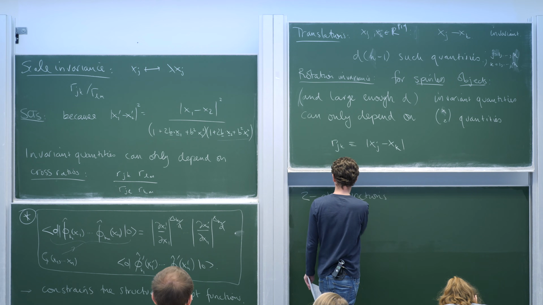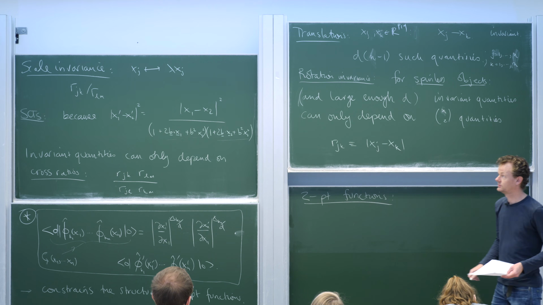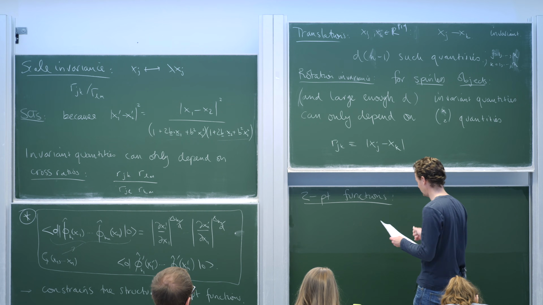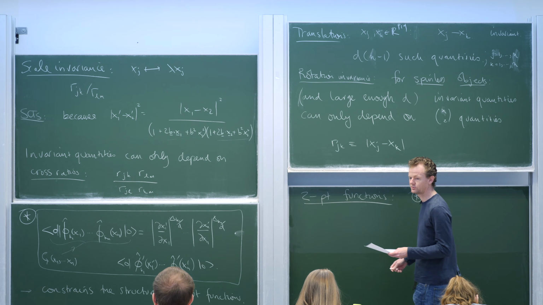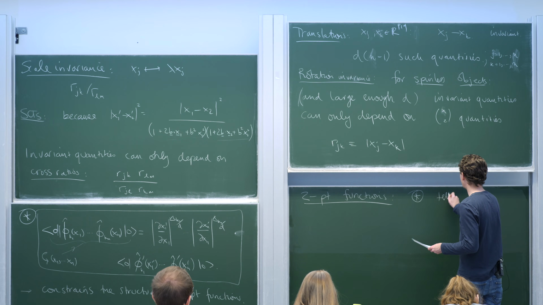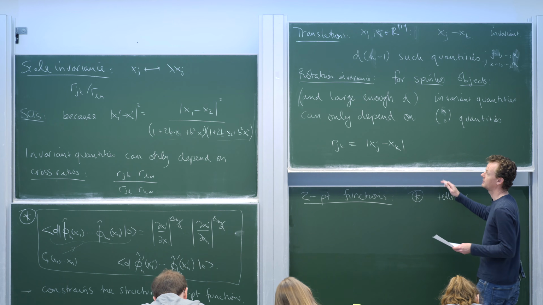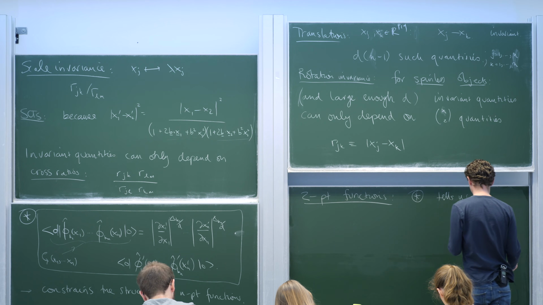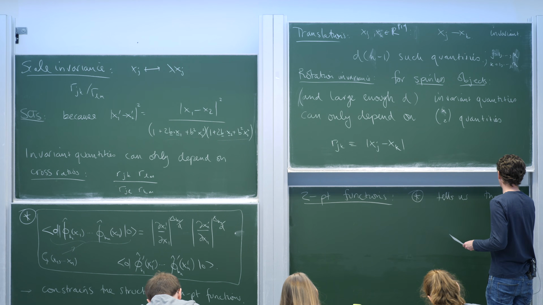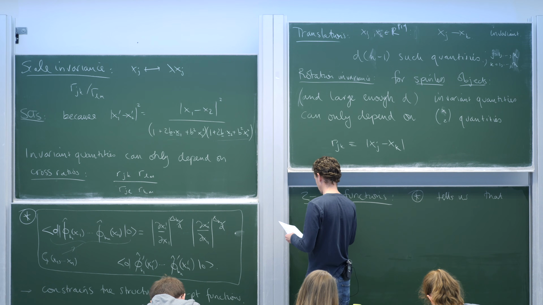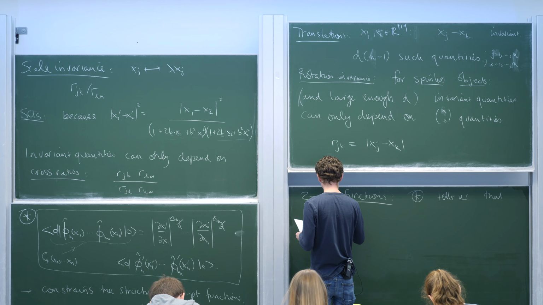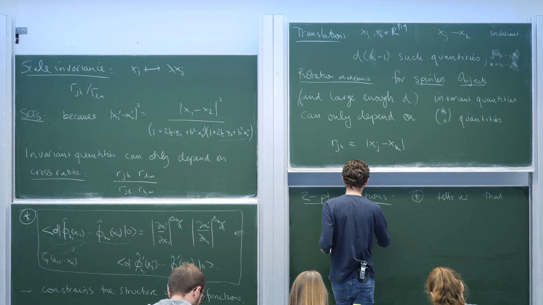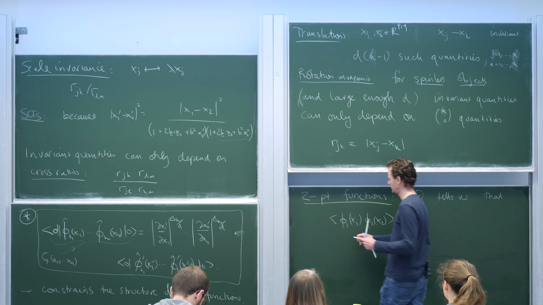Let's see what the constraints are in the case of our simplest non-trivial correlation function, namely a two-point function. We'll see it's already dramatically constraining. So star is this fundamental law here that we have by assumption. It tells us that the following correlation function has this behavior. I'm going to drop the k.